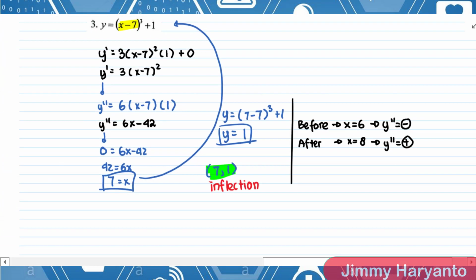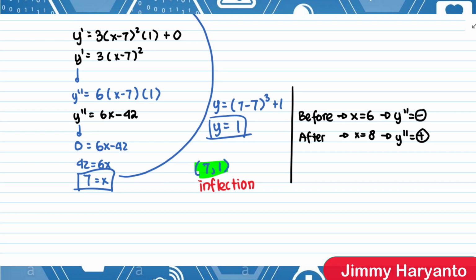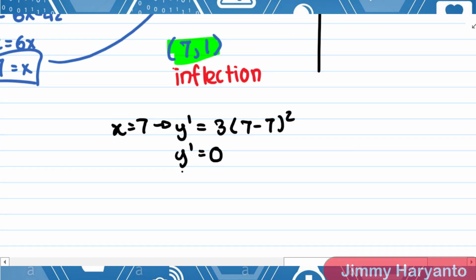Next is to find the gradient. To find the gradient, we will have to substitute the x. When x equals 7, that means the y accent will be 3 times 7 minus 7 squared. So you'll have y accent equals 0, and that means the gradient equals 0.